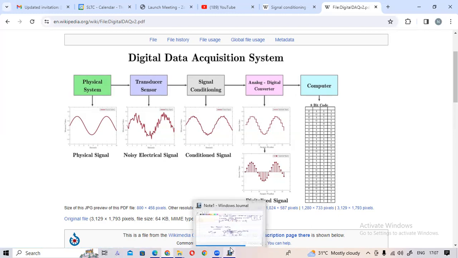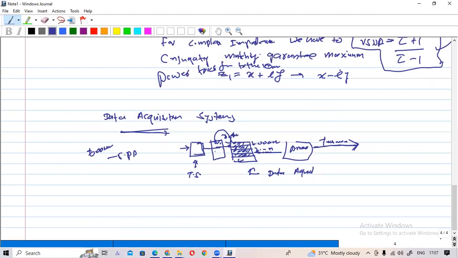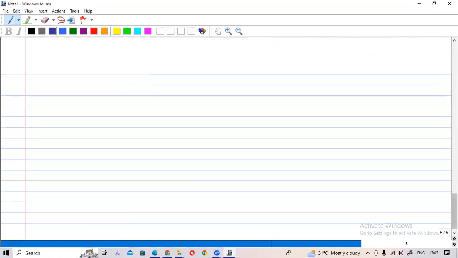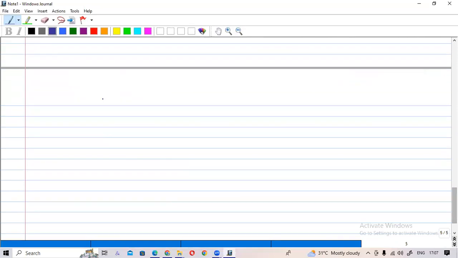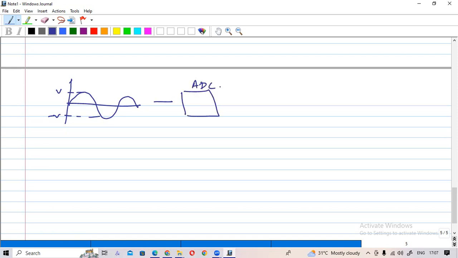For example, let's say we have a signal from a sensor, this kind of signal. So we have plus voltages and minus voltages. If you send this to the ADC, the output will be, this part will be ignored.